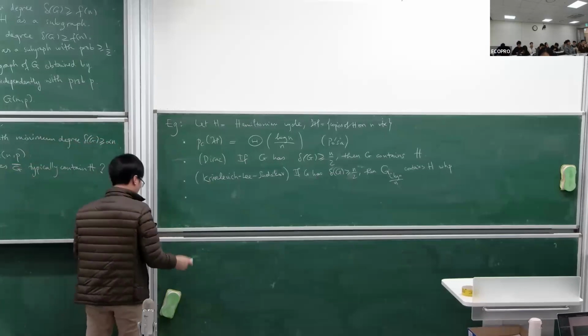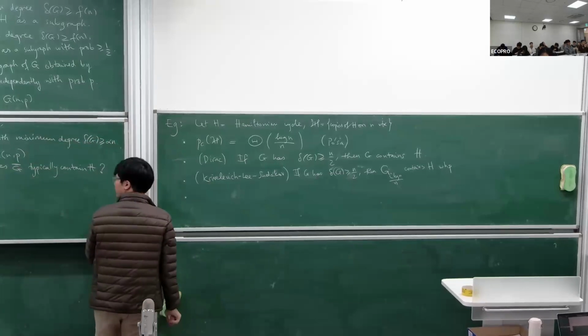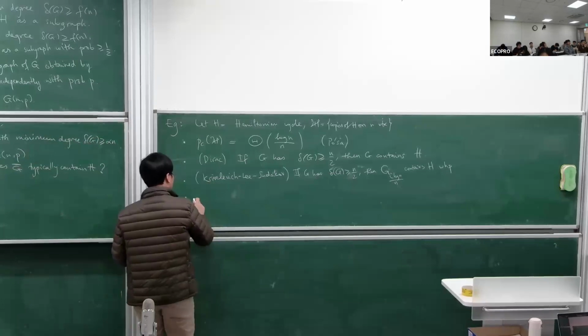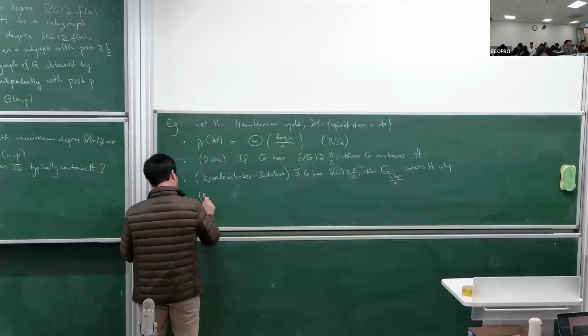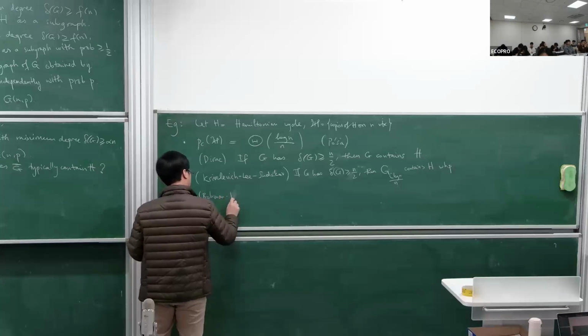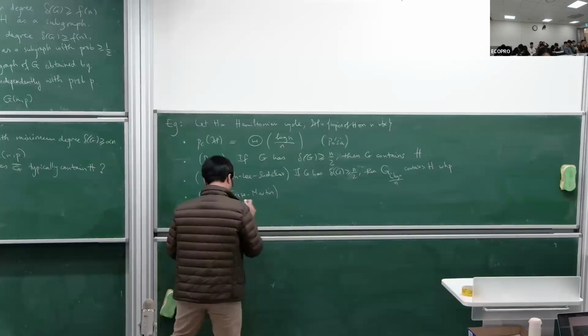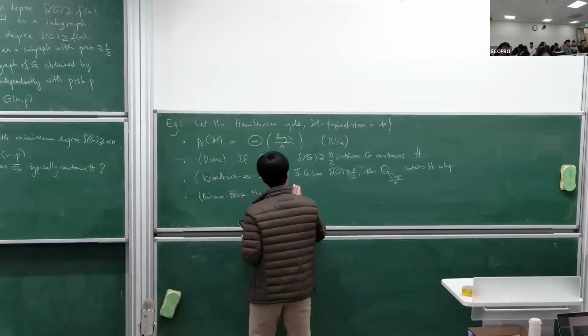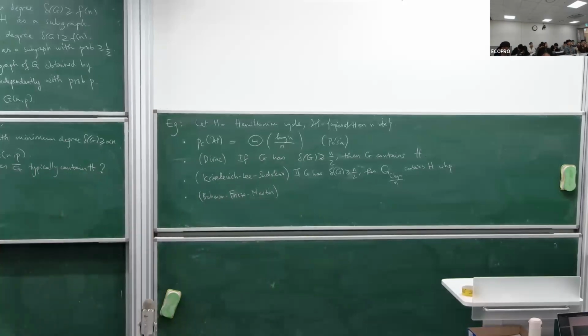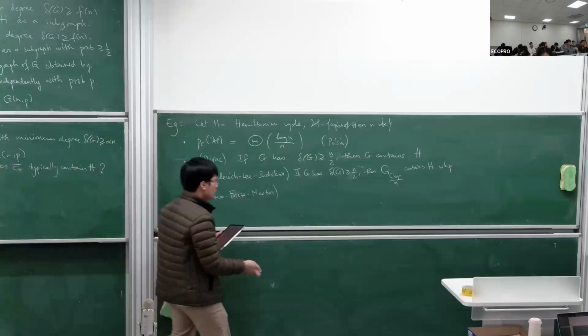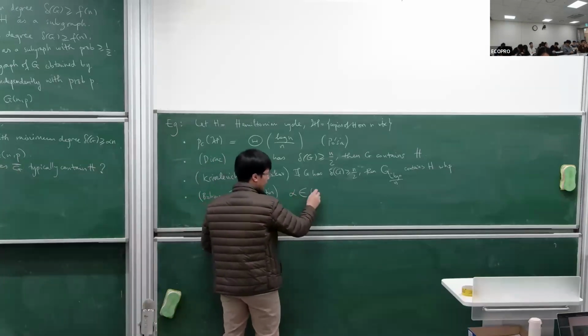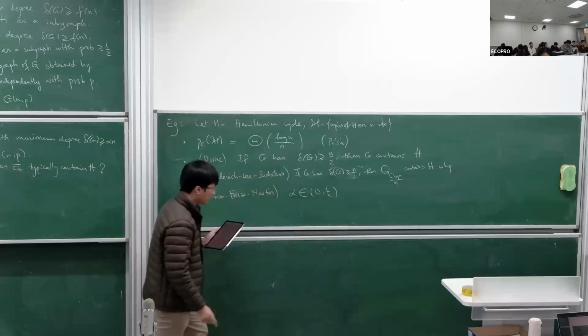Now let's say what is the corresponding result for the perturbed random graph model. In this case, we have the result of Bohman, Frieze, and Martin. And they prove that, well, if the minimum degree of this graph G is already at least n over 2, then there's nothing we need to do, because G by itself already contains a Hamiltonian cycle, so there's no random graph that you need to put into the picture. So let's consider some constant alpha that's between 0 and 1/2.